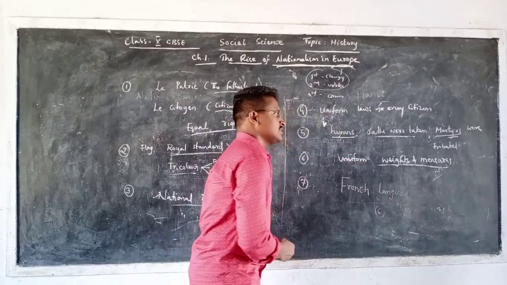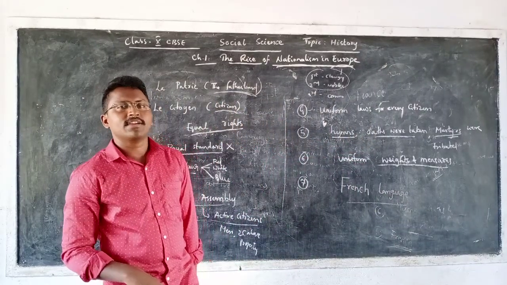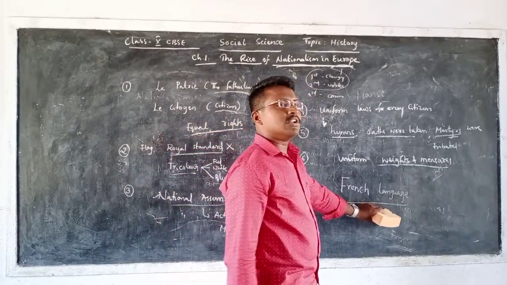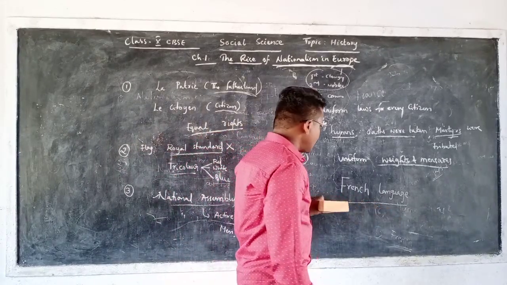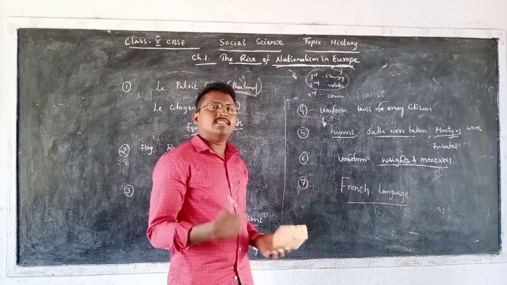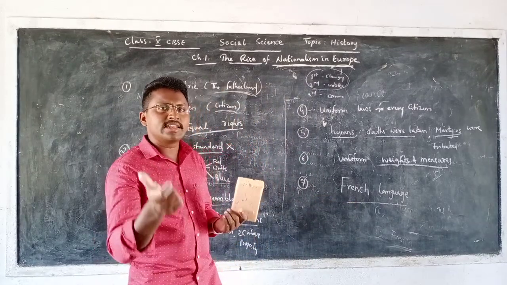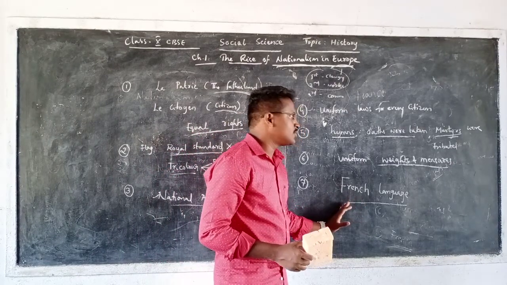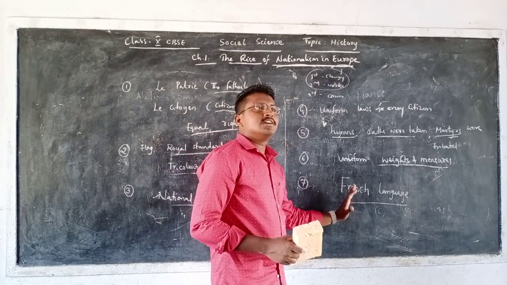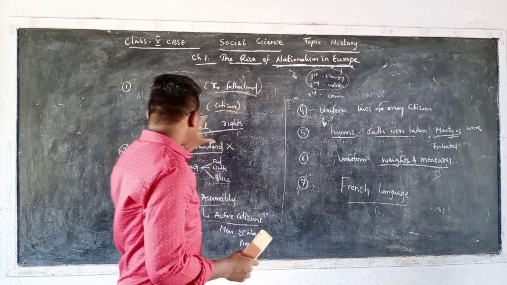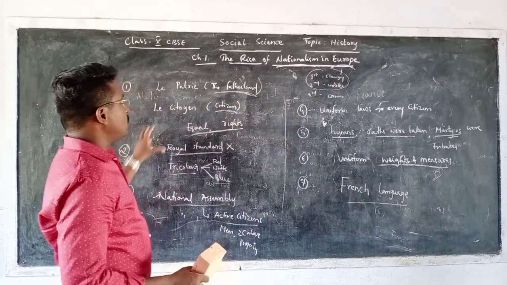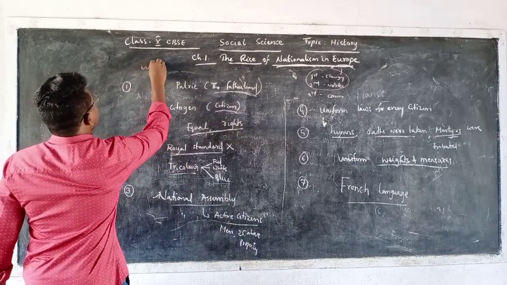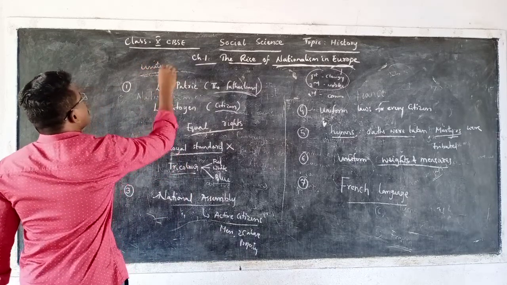People were having different languages, but they decided that from now onwards, our official language is French. Then they discouraged all other regional or local languages. They started giving more and more preference to only one language, that is French. So based on all these aspects, it created a sense of unity among French people.